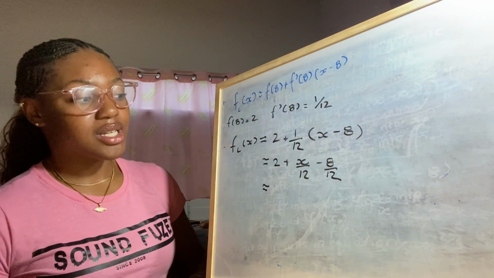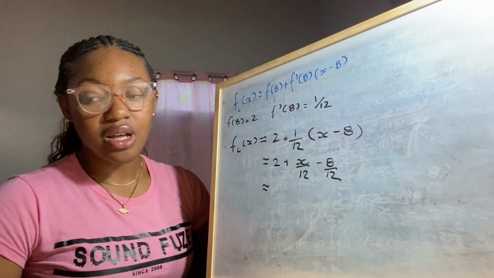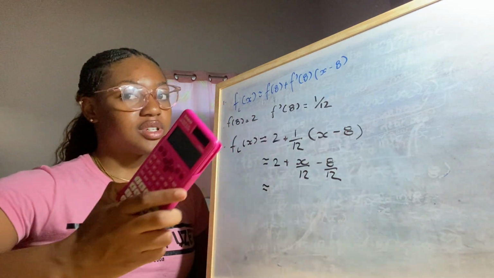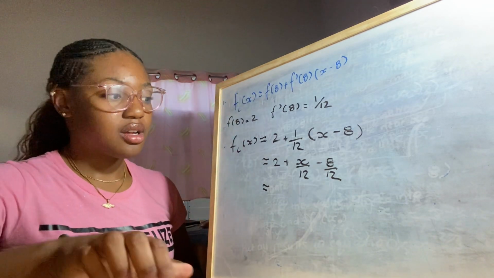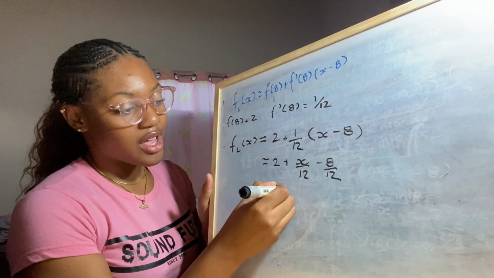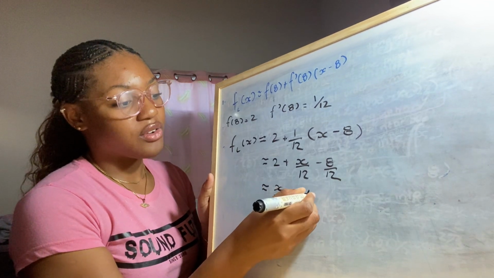We can simplify this. So we want to know what is 2 minus 8/12. So 2 minus 8/12, calculator, 4/3. So we're going to just have x over 12 plus 4/3.